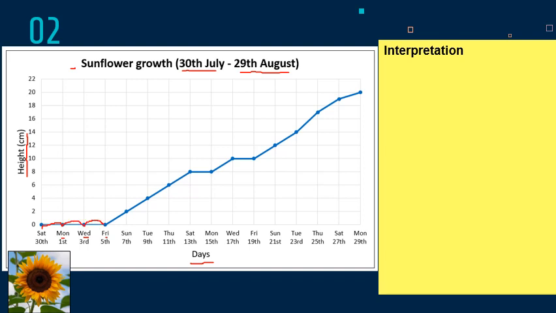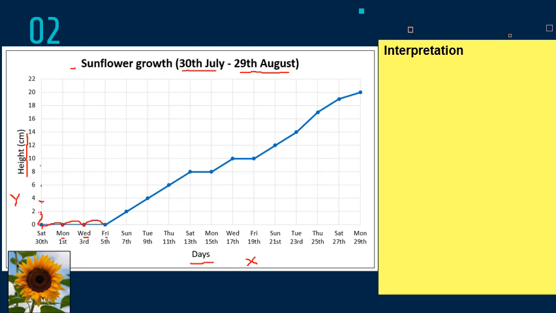So that's the scale on the x-axis. And on my y-axis over here, I can also see it starts at 0, but it's going up by 2s. So 2, 4, 6, 8, and so on. So again, the scale here is 2. So this is 2 centimeters. Each interval is 2 centimeters.